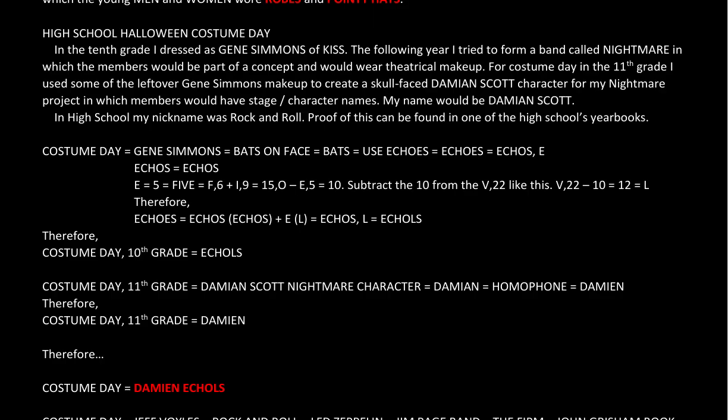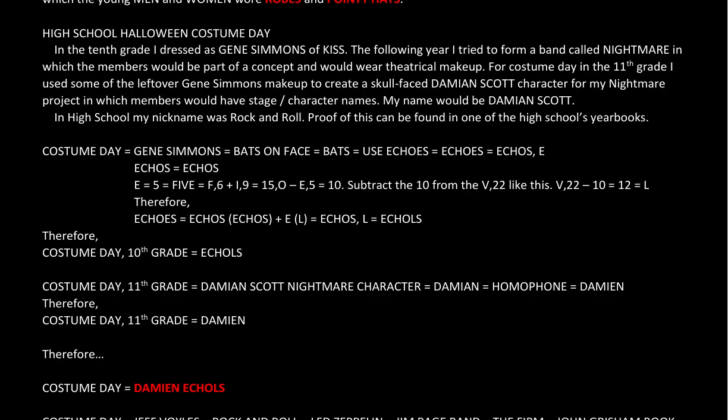So the same clown makeup was used to be Gene Simmons in the 10th grade. That connects to Echoes. Echoes becomes Eccles. I used leftover makeup in the 11th grade to become Damien Scott. That's a reference to the name Damien, which can be spelled with an E. Therefore, both my costume days, 10th and 11th, translate to Damien Eccles.